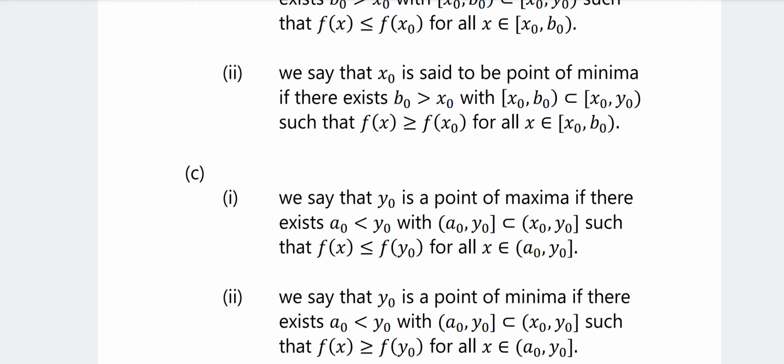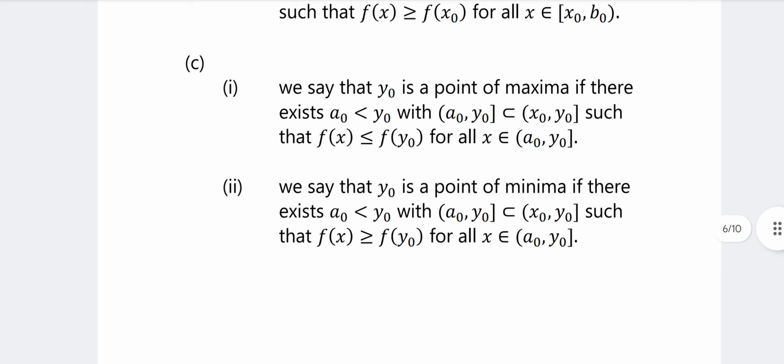Second, we say that y naught is a point of minima if there exists a naught less than y naught with (a naught, y naught] contained in [x naught, y naught], such that f(x) is greater than or equal to f(y naught) for all x in (a naught, y naught].